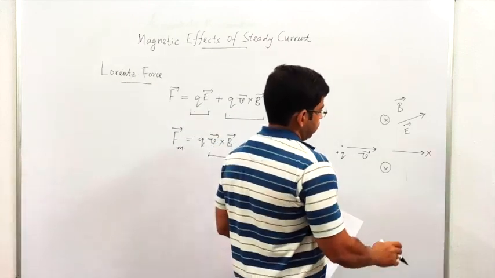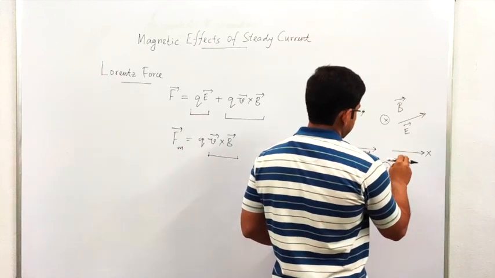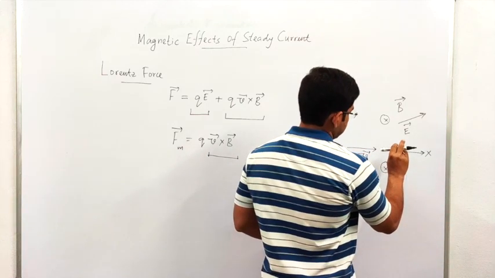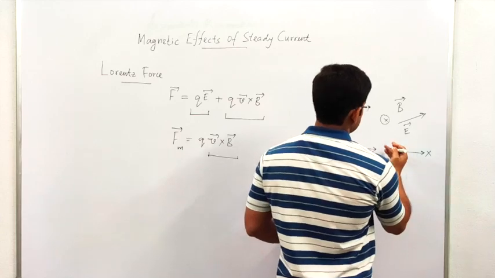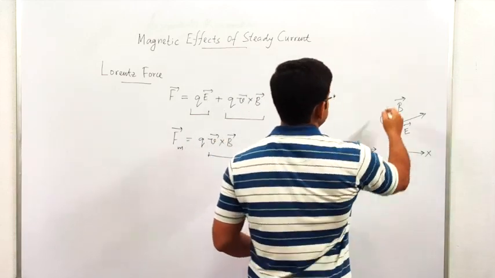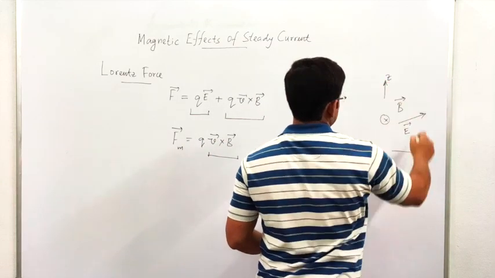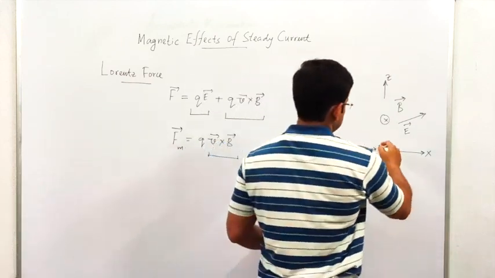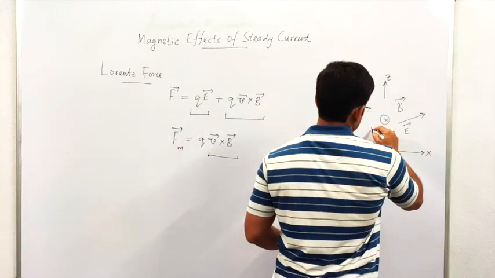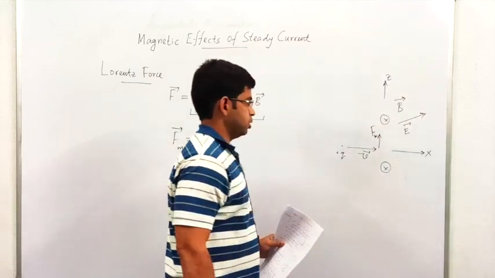So apply the right hand screw rule here. Twist from the direction of V to the direction of B, and the screw proceeds in the positive Z direction. So the force Fm will be directed along the positive Z direction.